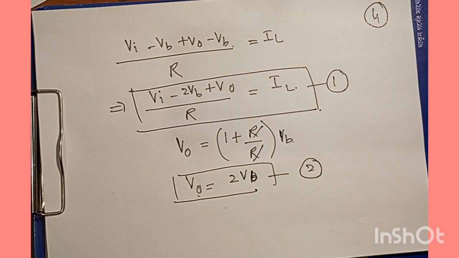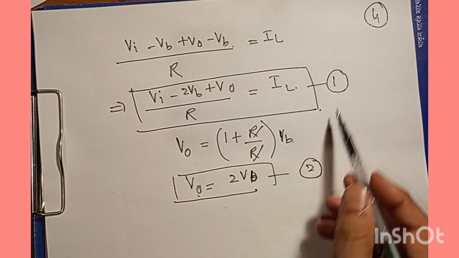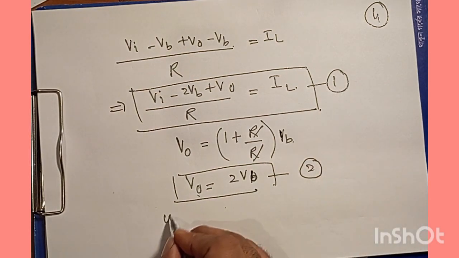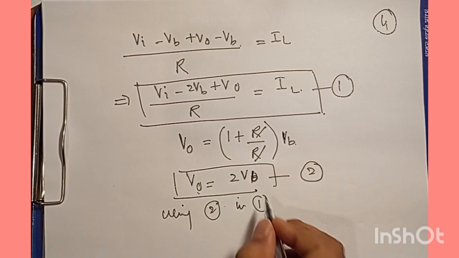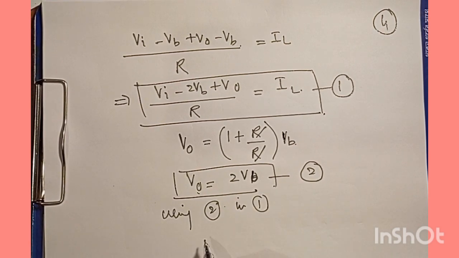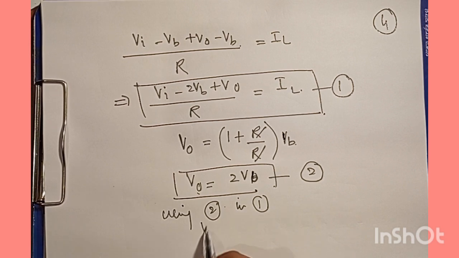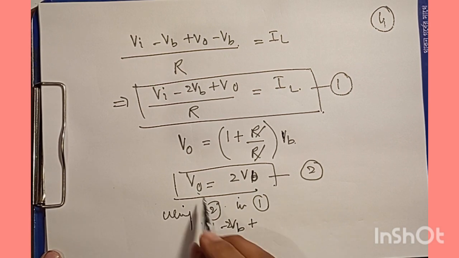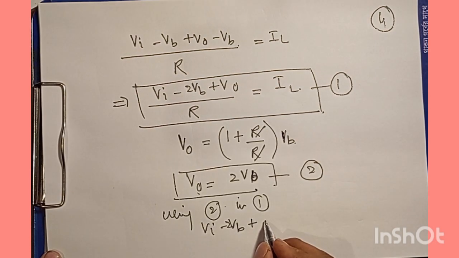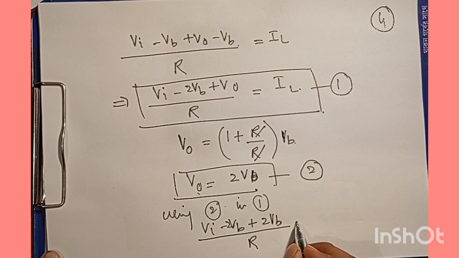So now let's use this second equation in equation 1. So using 2 in 1, what will be the result here? This is VI minus 2 VB, and instead of V out, I will write twice VB again, and divide by R is equal to IL.